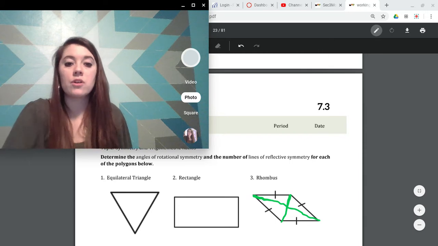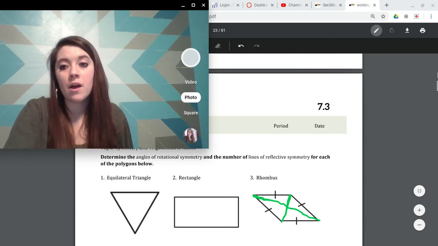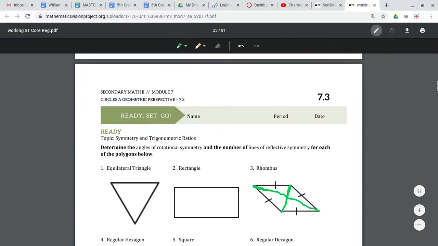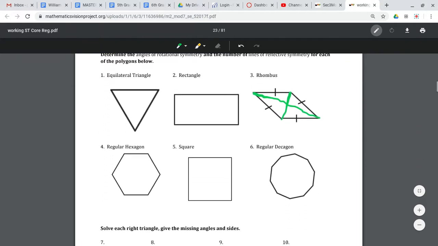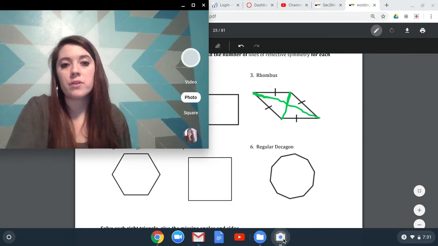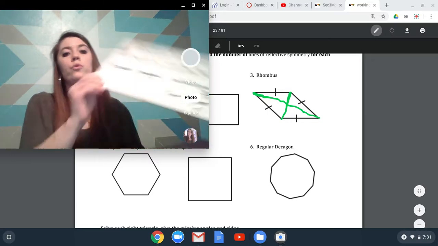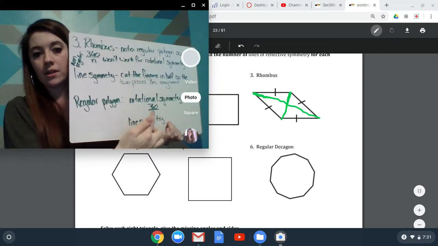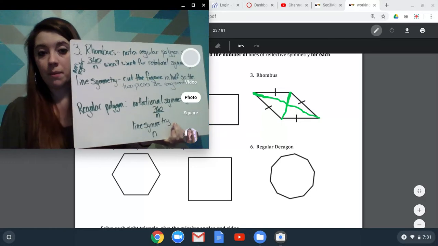Alrighty. For those regular polygons though, there is a handy dandy little trick for how we do those. Looking at them down here, the rules: we already know the rotational symmetry. For rotational symmetry, we take 360 and divide it by the number of sides.